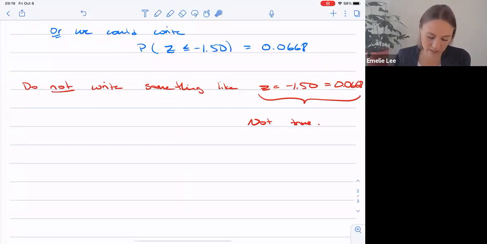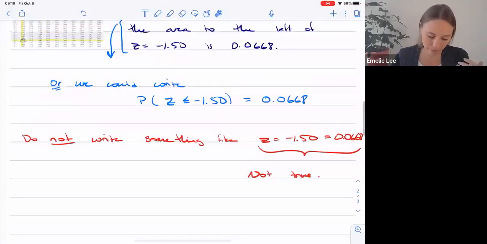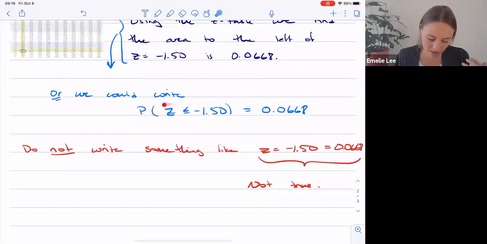What you're actually saying is that the probability, the area under the curve, that Z is less than or equal to negative 1.5 is 0.0668. So you can use this probability notation. That's way faster, right?